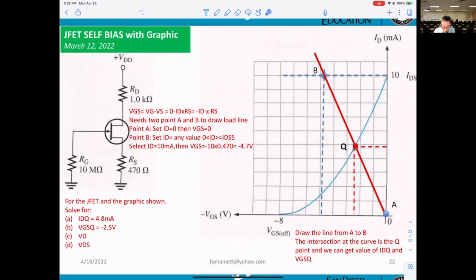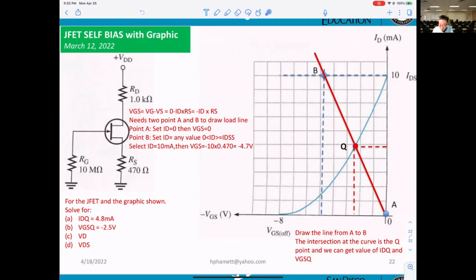This is the equation we'll be using. VGS equals minus ID times RS. In order to do it, first thing they say, we need 2 points, A and B, and draw the load line.